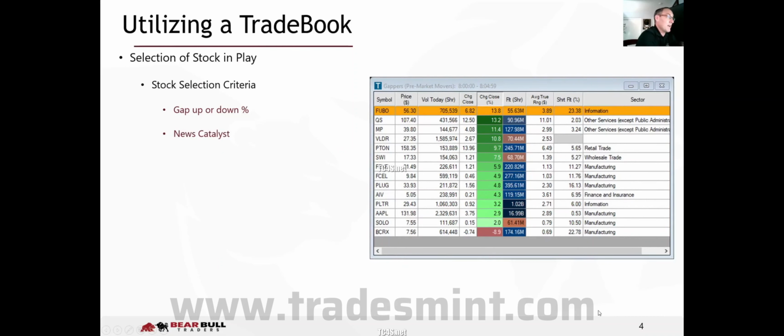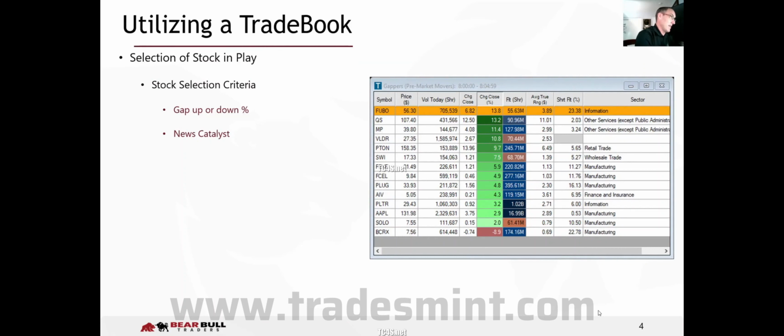Then we have our news catalysts. When we identify these stocks, the next thing is, does it have something that is causing it to gap up or down, or is it gapping with the market? Now, we don't necessarily care what that news catalyst is because we're intraday traders. We just want to make sure that that stock is gapping up or down off of a news catalyst.